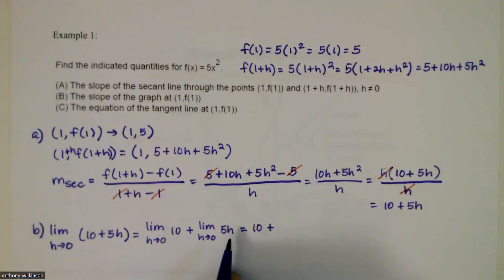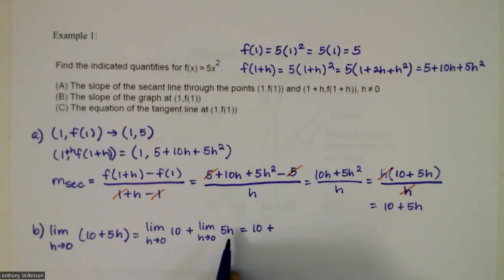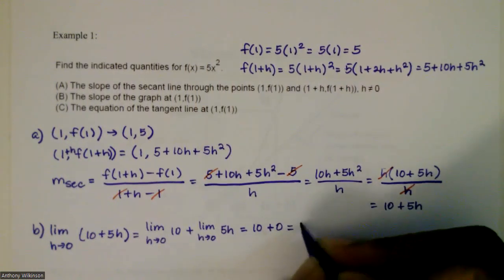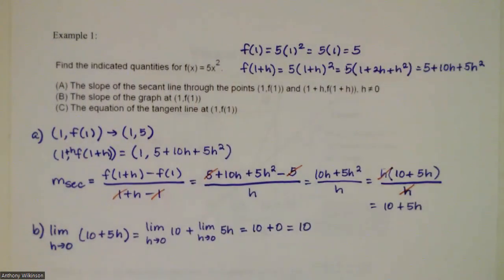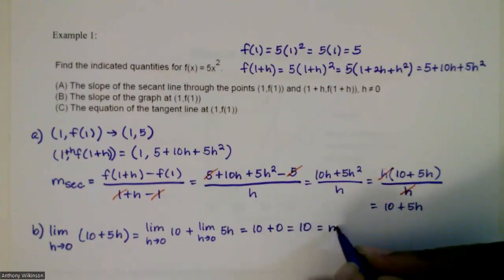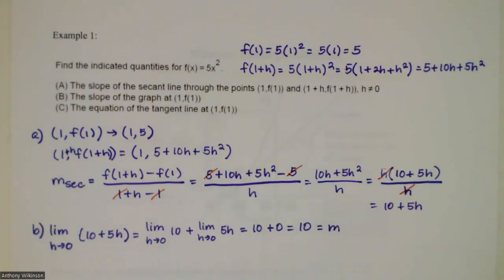Well, 5h is just a linear expression. We can use direct substitution. So just replace the h with 0. That means 5 times 0 is 0. So we're going to end up with 10. And this will be the slope of the line of the graph at the point 1, f of 1.